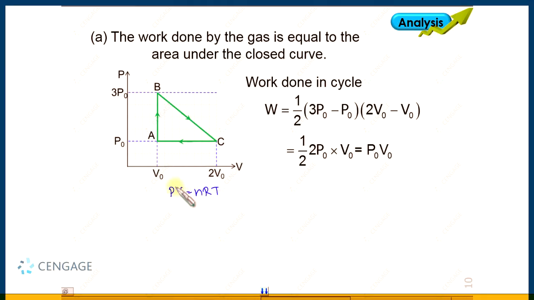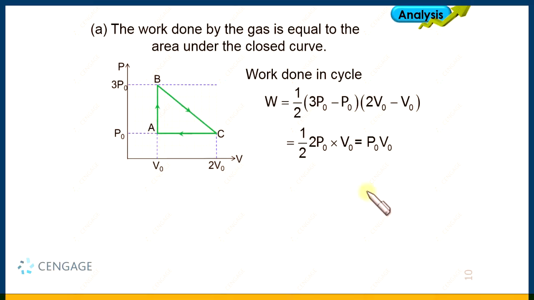right. And if P is a constant value, that means V is proportional to T, and if volume is decreasing, the temperature at point A will be less than the temperature at point C, that means temperature will decrease.